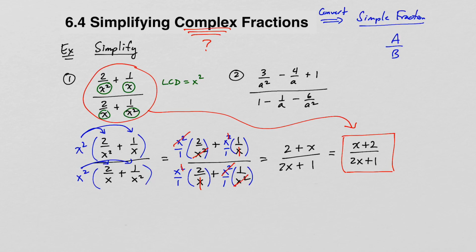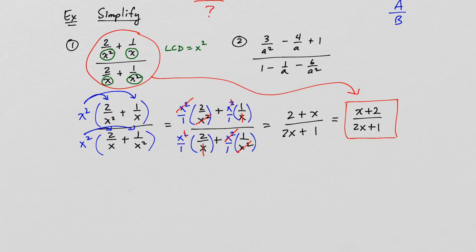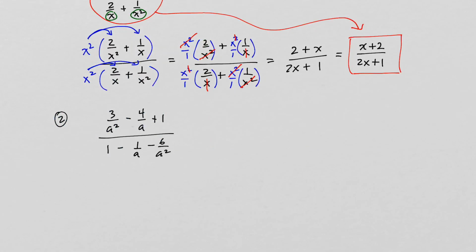Now for our next problem, let me rewrite it down below. Okay, so for this one, same idea. First, we want to identify the common denominator, which in this case is a squared. And then I'm going to multiply the top by a squared and the bottom by a squared.